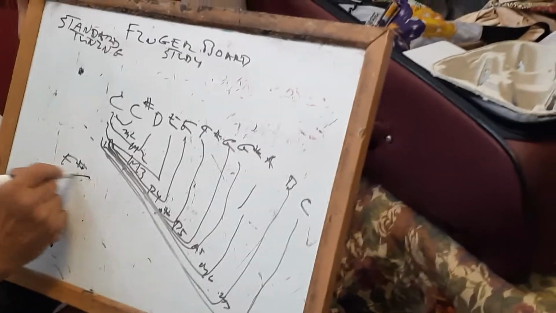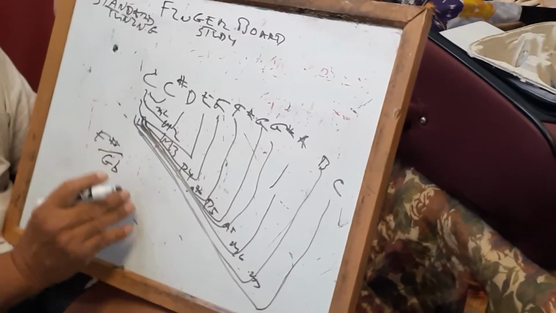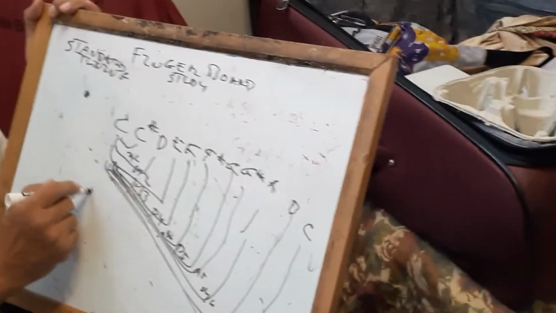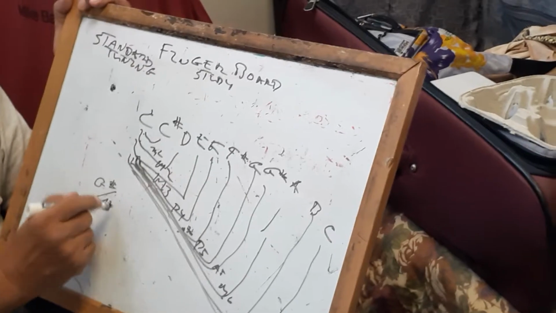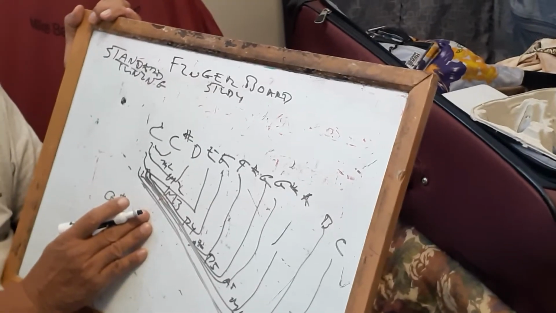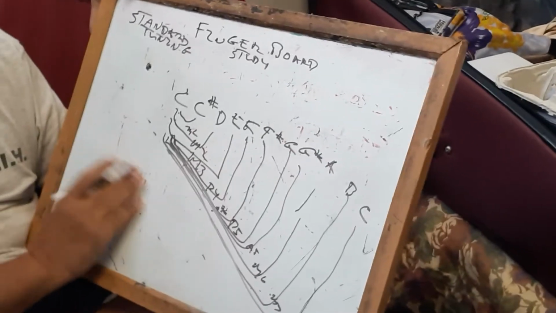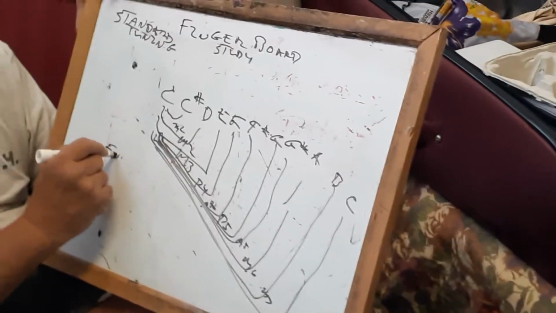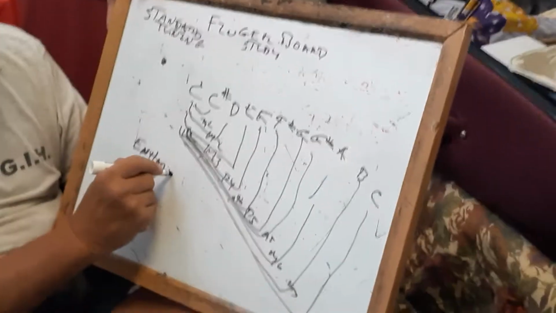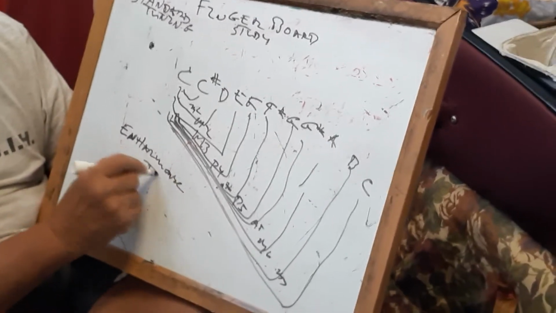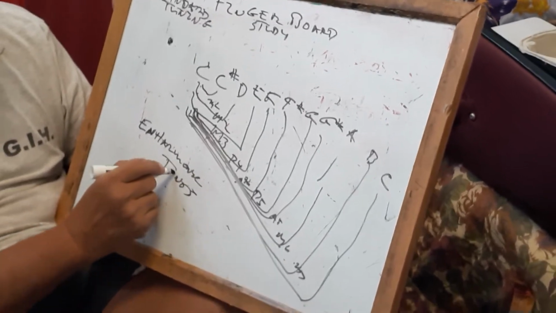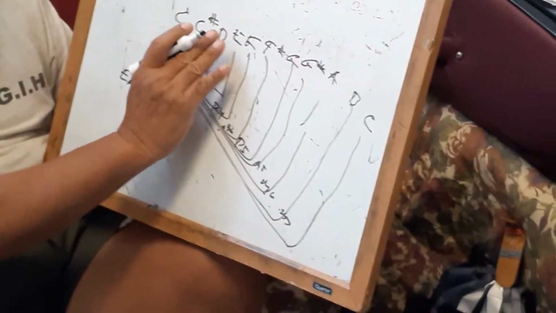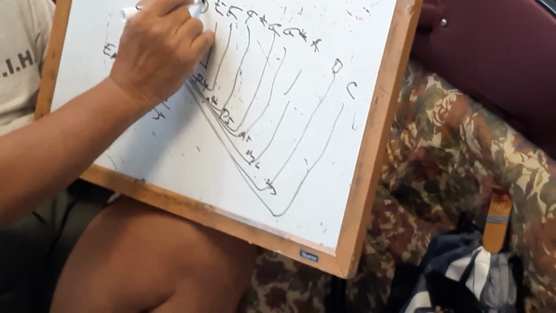F sharp is also a G flat. G sharp is also an A flat. These are called inharmonic tones. So we're dealing with C sharp and D flat, for example.